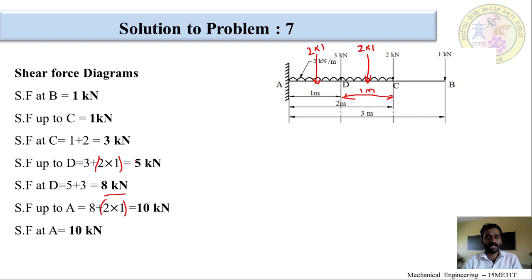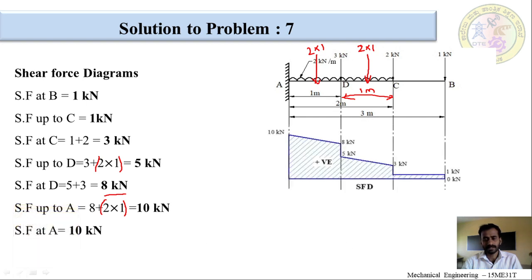Now, by considering these values, we can draw the shear force diagram. So, now we will see the shear force diagram. We have to draw a reference line, the 0 line, and now we will see what is shear force at B. Shear force at B is 1 kilonewton.